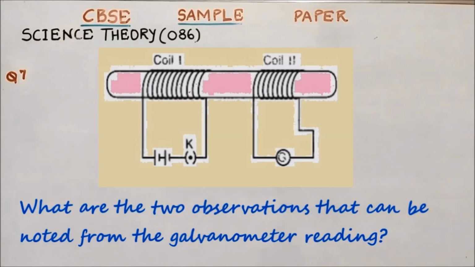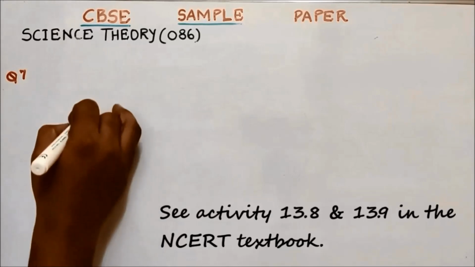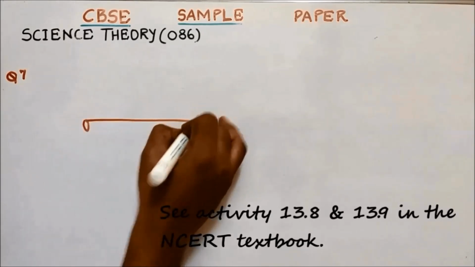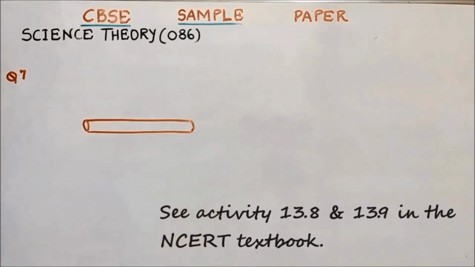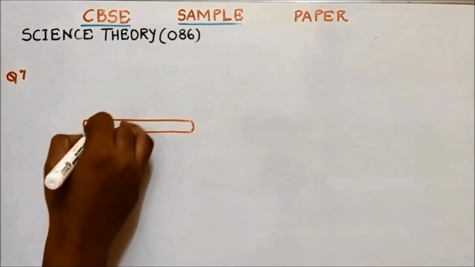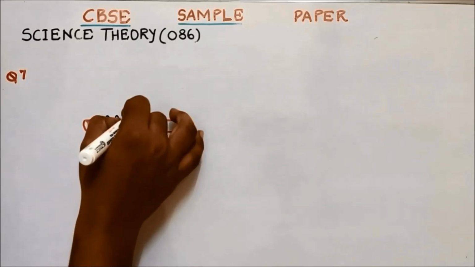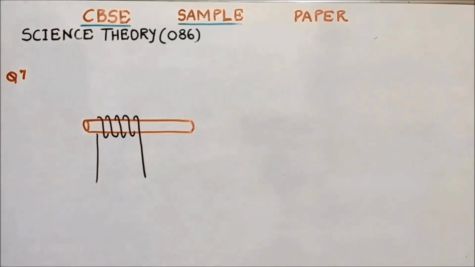You have an activity in the topic electromagnetic induction, so please go through that activity. So what do we have here? We have a non-conducting cylinder, and over it we have two coils wound like this.